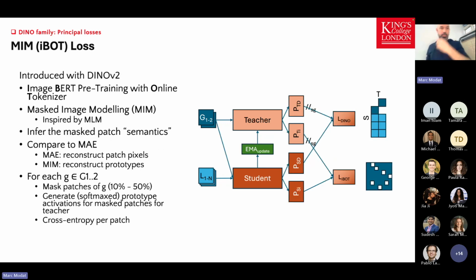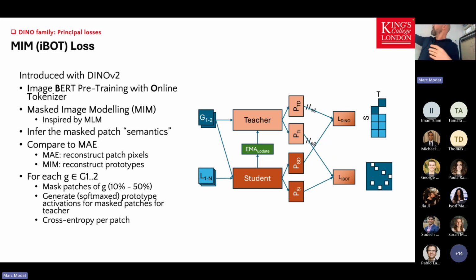The second loss that we have came from the iBOT paper. This is a little bit like the masked autoencoder loss, except we're operating on the patch latents rather than on pixels. Essentially, this loss comes from language modeling, so it's called masked image modeling.